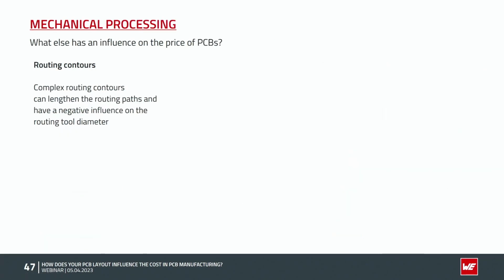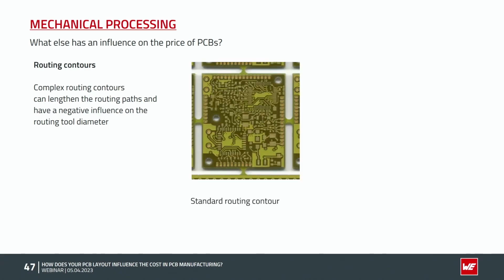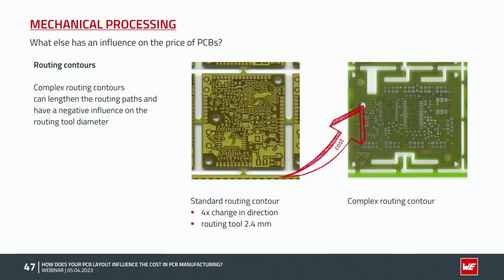So some more information about influence on the price. So here we have a more or less standard routing contour, which means we have 4 changes in direction during the milling process, and we are using a routing tool of 2.4 millimeter, which is an absolutely standard tool.